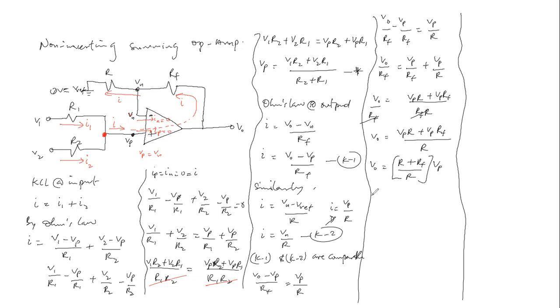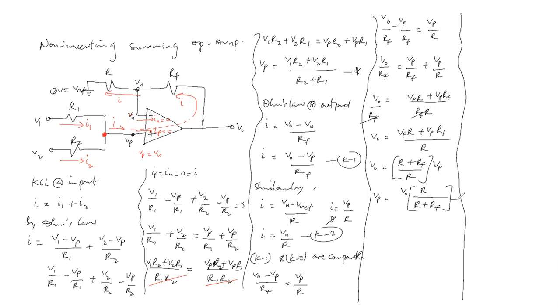So in this case, V sub P is the same as, if we divide this by this, making V sub P the subject of formula, V0 times R divided by R plus R sub F. Okay.